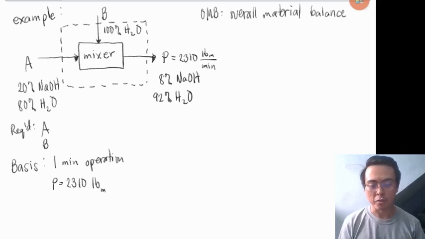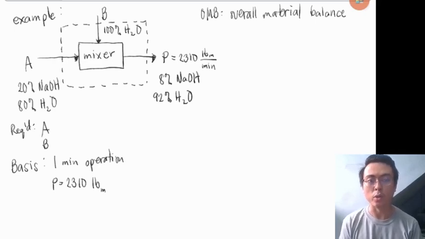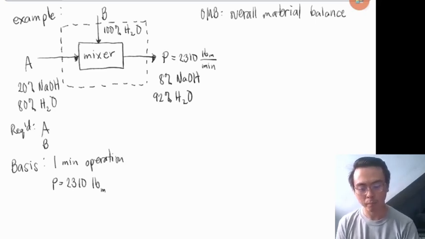The importance of this system diagram is for us to know which area to consider. So if you have written your system diagram, just know that you will only be considering the streams coming in and coming out of that boundary. Okay? After that, we can now perform the overall material balance.